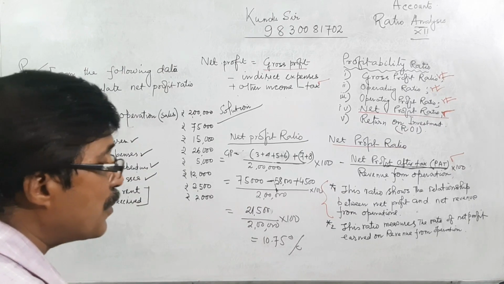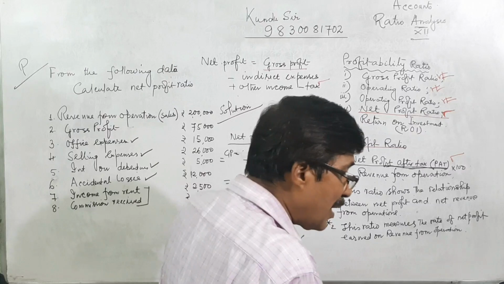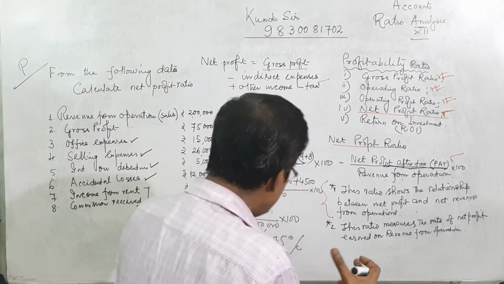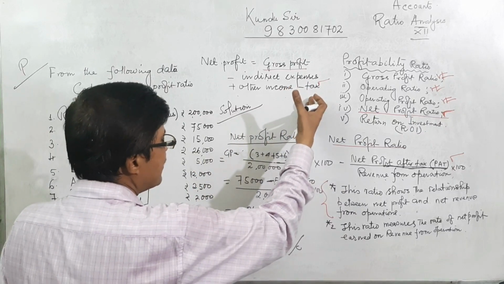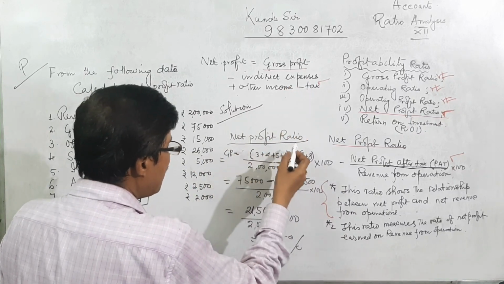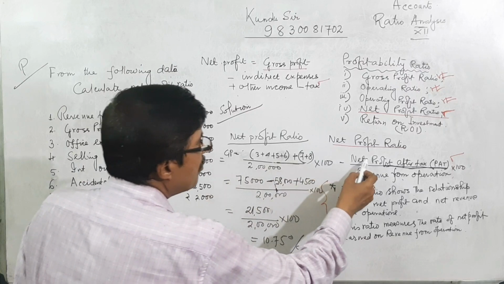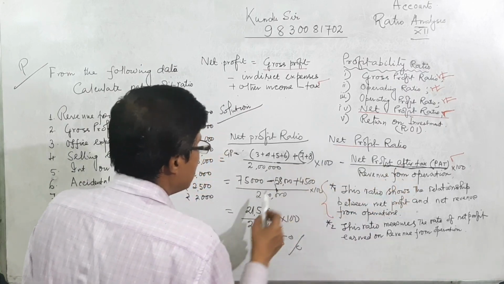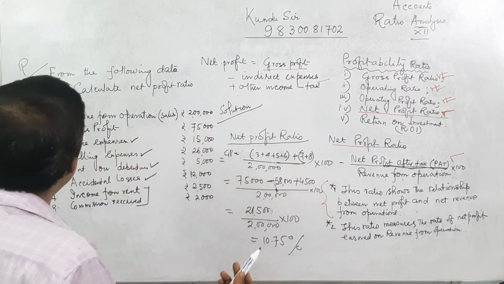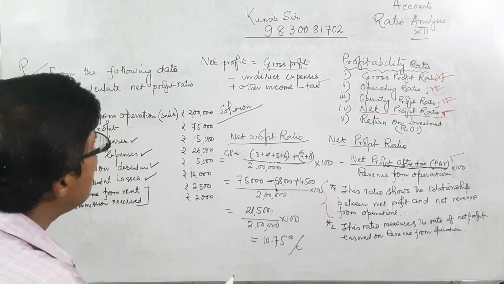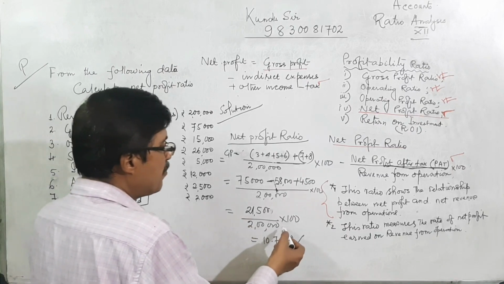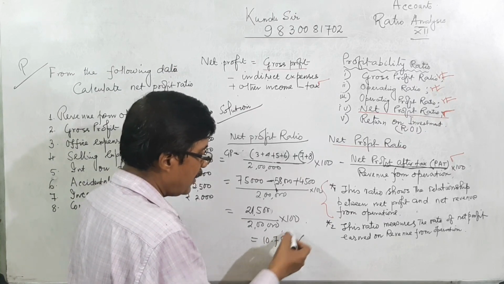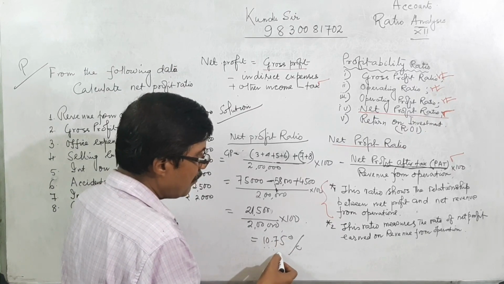There is no tax figure given here, that is why tax is not deducted. Net profit ratio equals net profit after tax, and tax is not mentioned, which may mean this income is not taxable, divided by revenue from operation into 100, that is 10.7%.